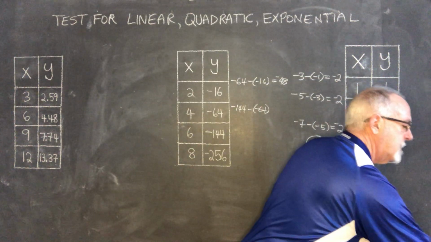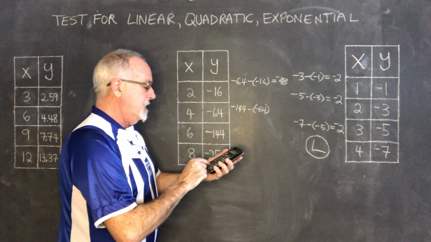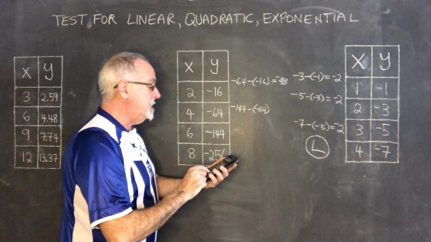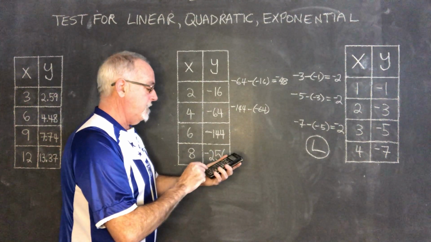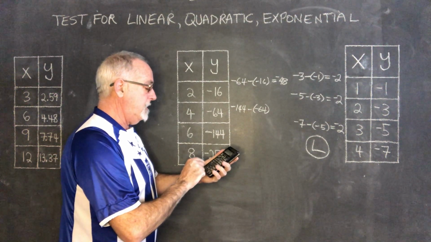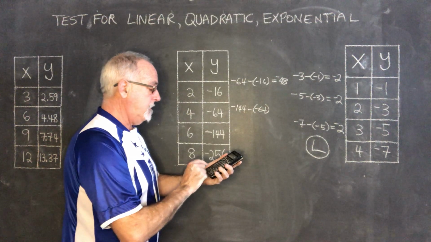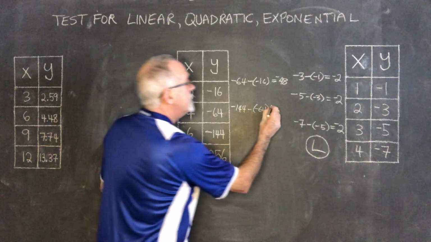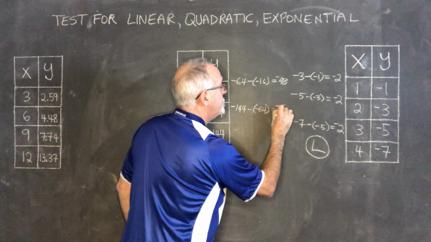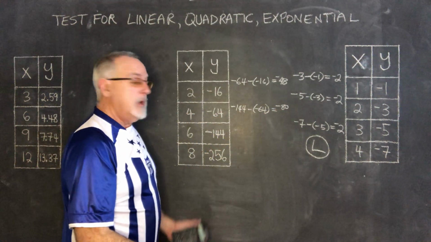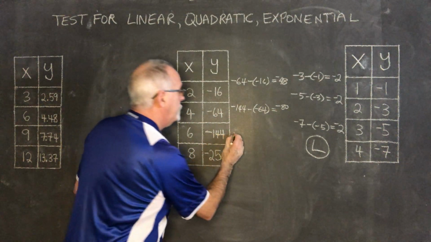I think I'm going to get my calculator. -144 plus 64 equals -80. So it didn't work. This is not linear, but I still want to do the third one.